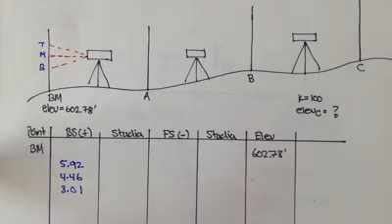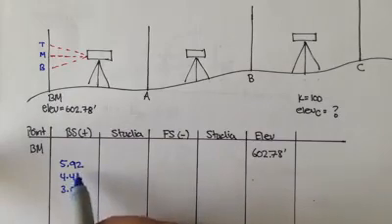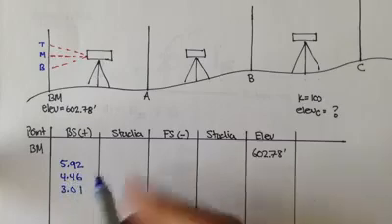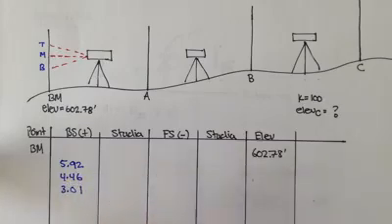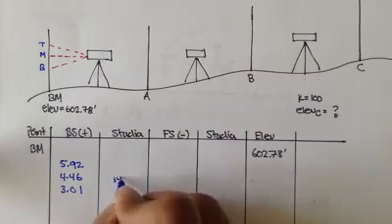Okay? The first thing you want to do is check your stadias. Let's assume K is 100. So the half stadia for top minus middle is 5.92 minus 4.46, which is 1.46, and if we multiply that by 100, we get 146.